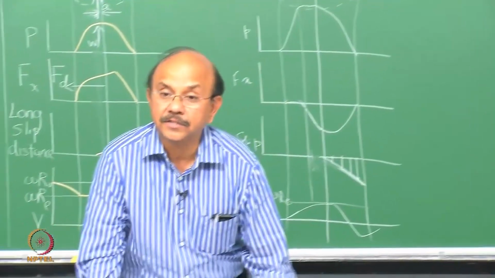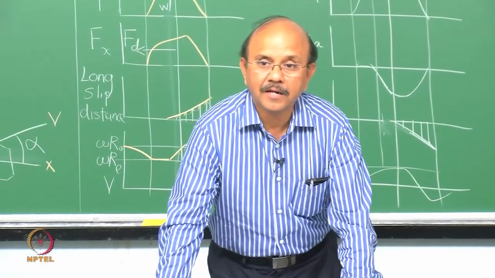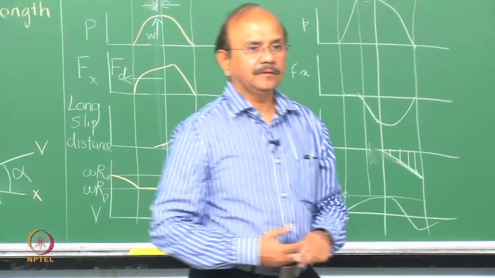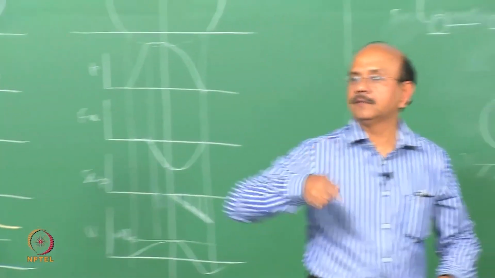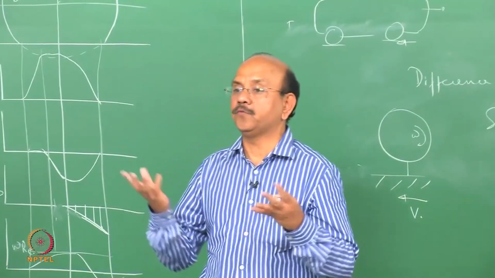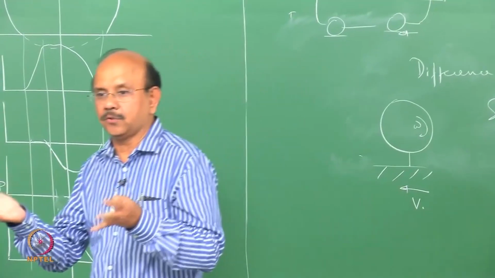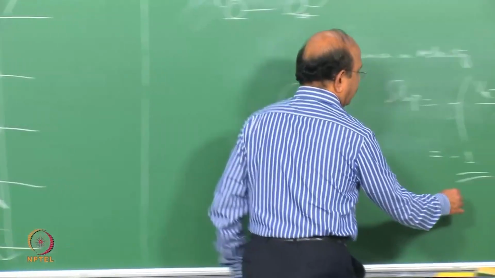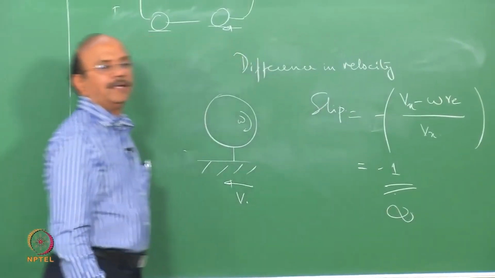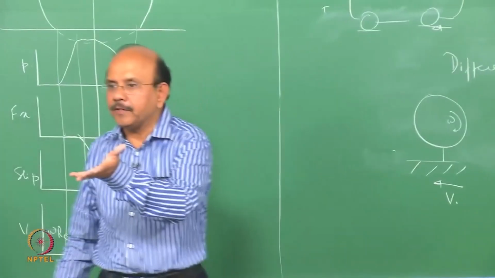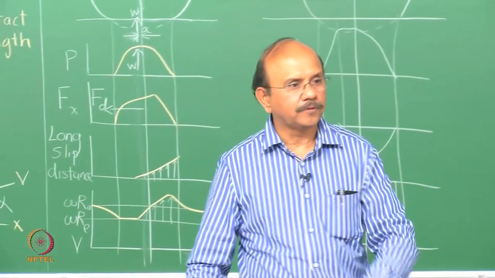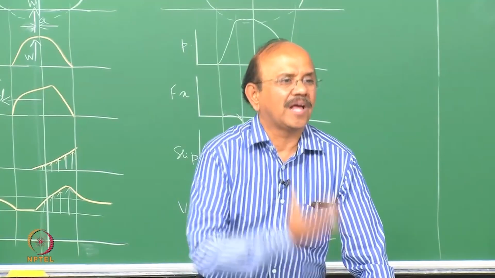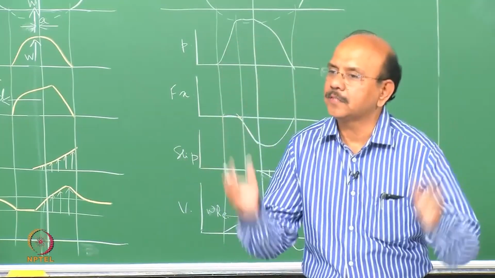What is the other condition, the other side? The other side is the vehicle stationary, and then the wheel just keeps rotating. So in other words, V is equal to 0, Vx is equal to 0. So that condition is infinity, and that is we are trying to drive the vehicle, but not able to drive it because it's not able to have what we call a grip.